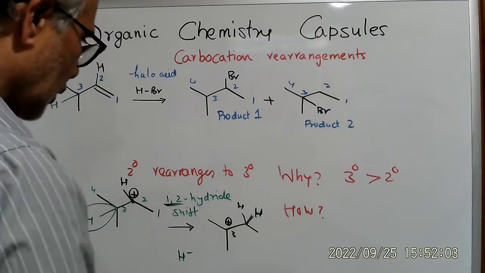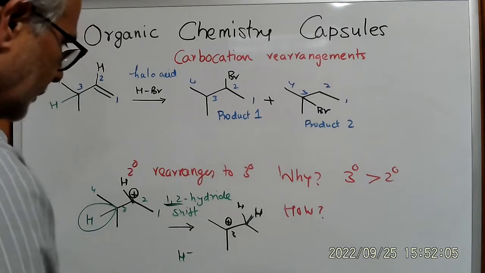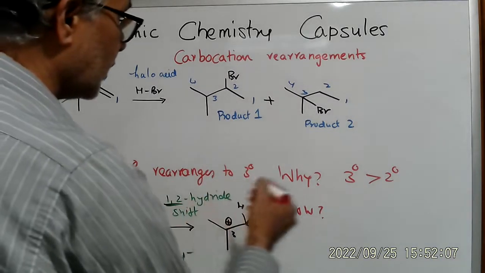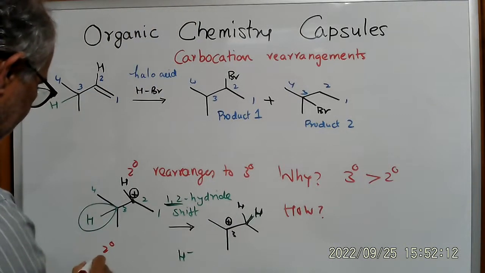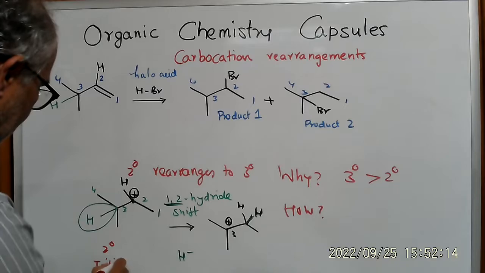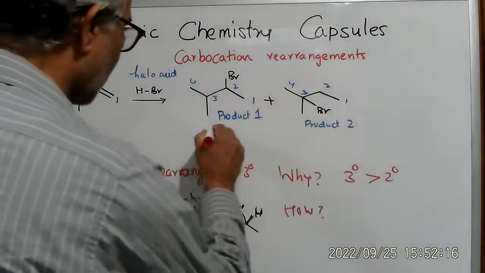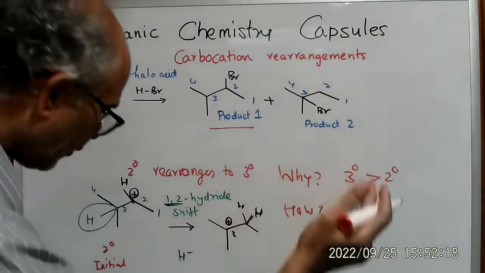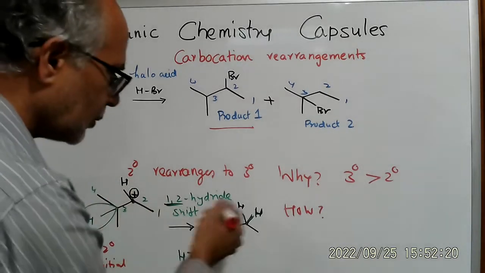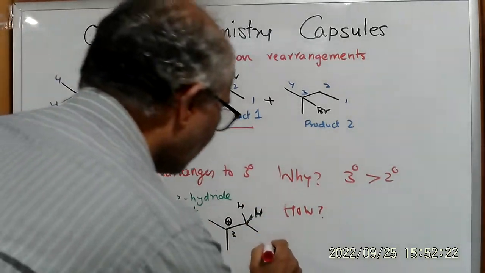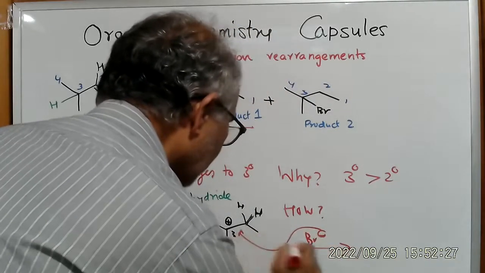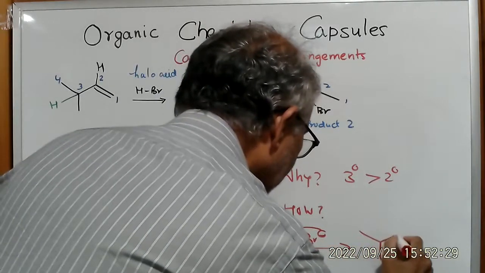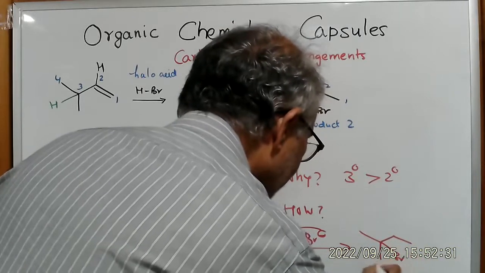The tertiary carbocation formed by rearrangement: you have your initial carbocation, which is secondary and gave us product 1, but some of it rearranged to become the more stable tertiary carbocation, which then reacts with Br minus to form the other product, product 2.